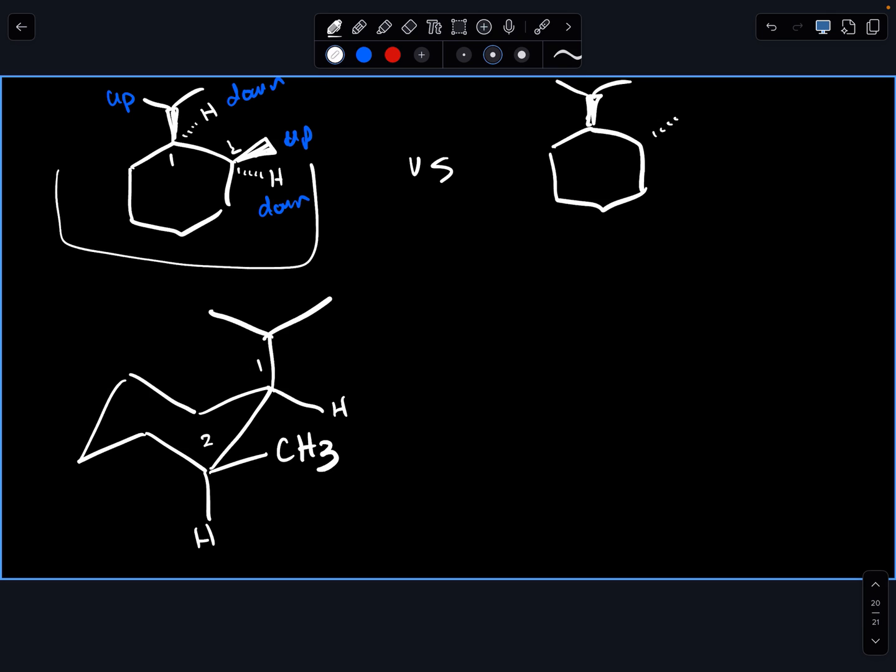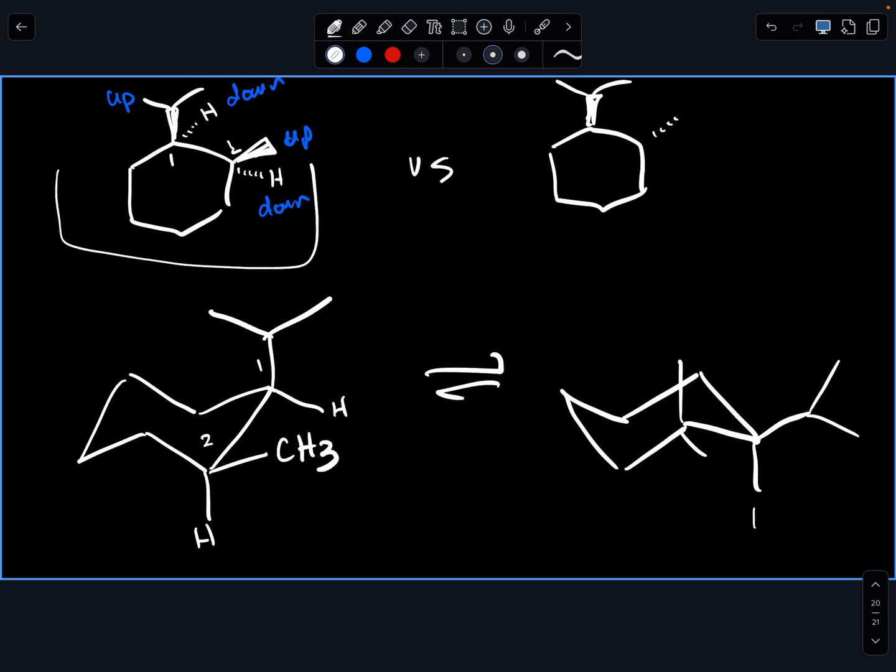So you have to draw the actual hydrogen. This has a ring flipped form, where the up is still the isopropyl, the hydrogen is down, the methyl is now up, and the hydrogen is over. So that's the left-hand structure.